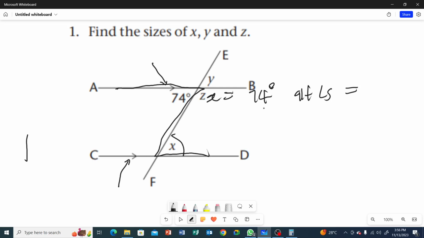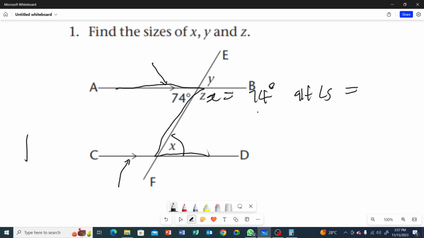X equals 74 degrees. Reason: alternating angles are equal. So this becomes a reason over there. Right now, angle Y must equal 74 degrees. Now, angle Y is going to be a different reason. Who can guess it?